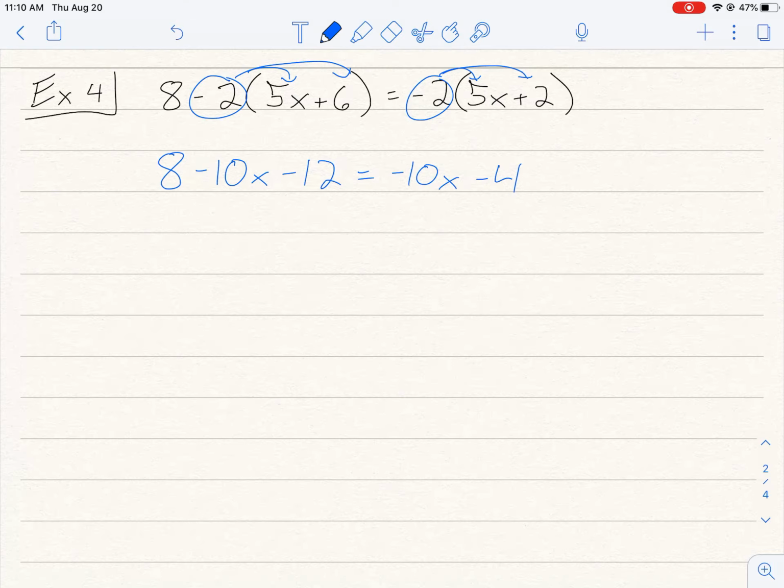Combine those like terms first. So I've got 8 and negative 12 here. So that's negative 10x minus 4 equals negative 10x minus 4.